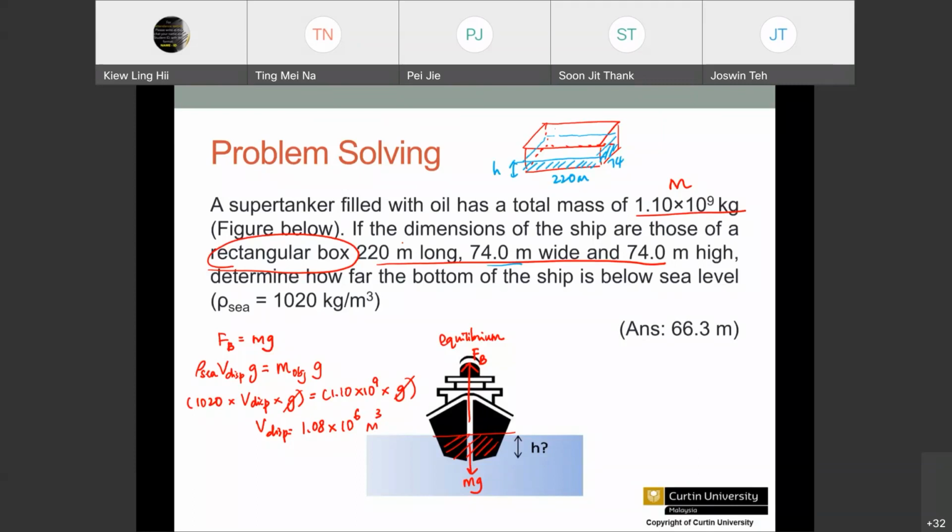The total height is 74, but what is this h? So we want to find this. Since the volume is given by 1.08 times 10 to the power of 6, can we find the height? Yes. So 220 times 74 times height equals 1.08 times 10 to the power of 6. So the h value is 66.3 meter.